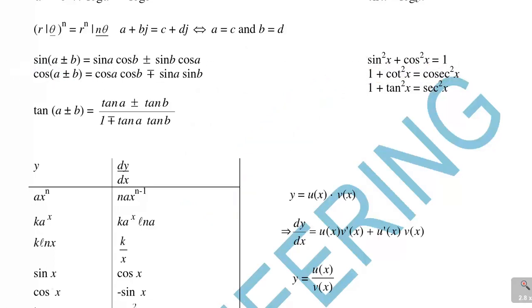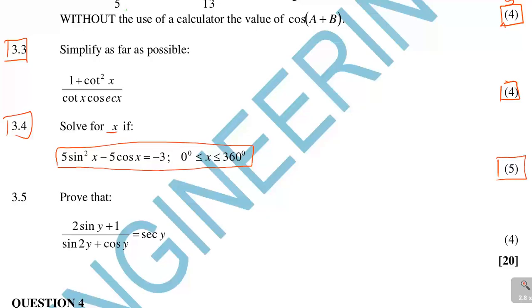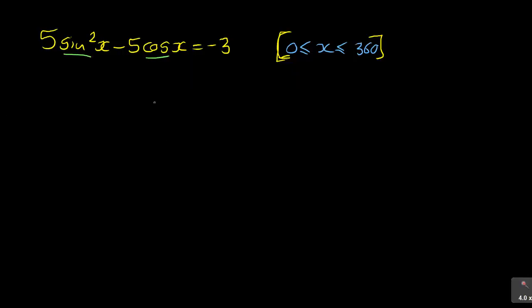This is your fundamental trigonometric identity: sin squared x plus cos squared x is equal to 1. That's the one I'm going to use here. But now I have got sin, and I want to remain with cos.